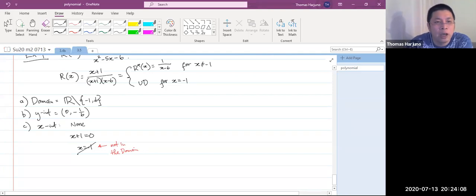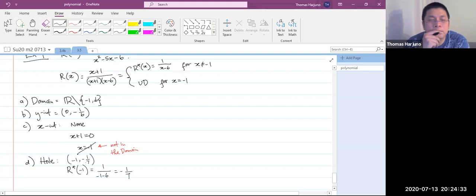Okay, now we have a hole here. So find the coordinate of the hole. To find the coordinate of the hole, I put x equals -1 into the simplified version. 1 over -1 minus 6, that's -1 over 7. So the coordinate of the hole is (-1, -1/7). Now, how about the vertical asymptote?